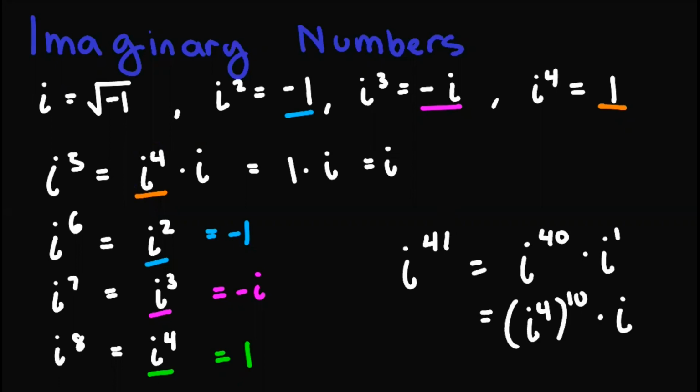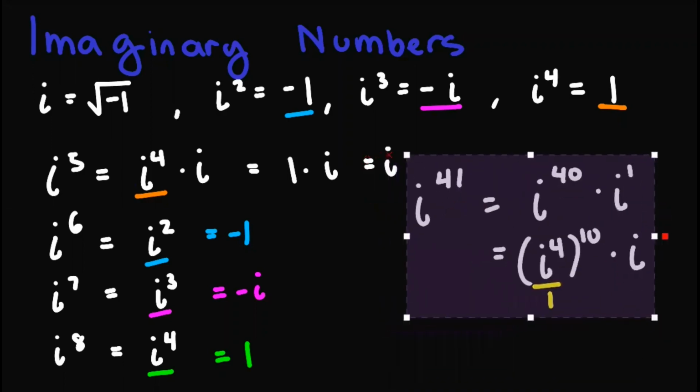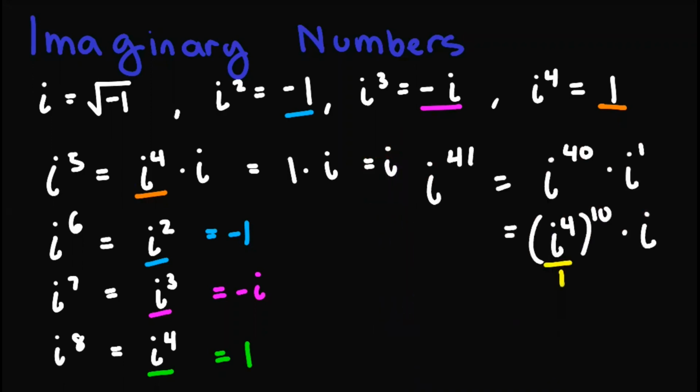And we know that i raised to 4 is simply 1. So this would simply become 1 times i, since 1 raised to 10 is simply 1, and this one becomes i. So that is the beauty in imaginary numbers. We can determine the value of all its powers and return it back to simply 1 or i.